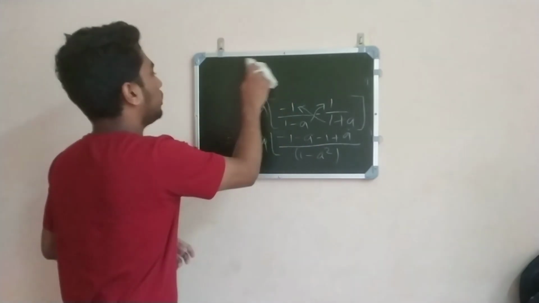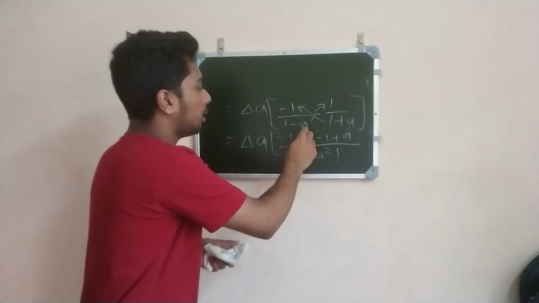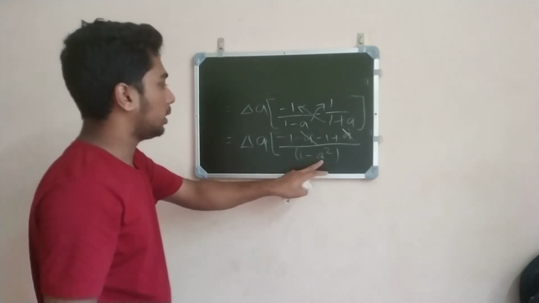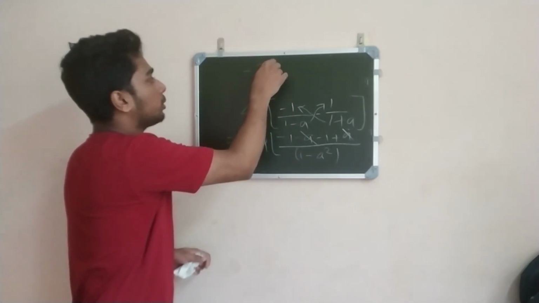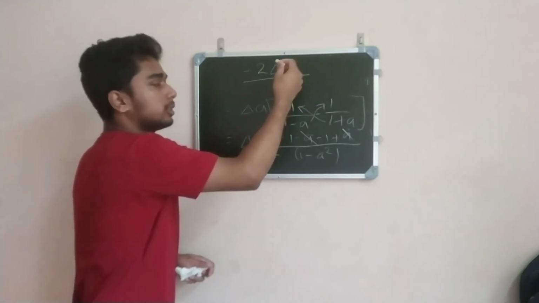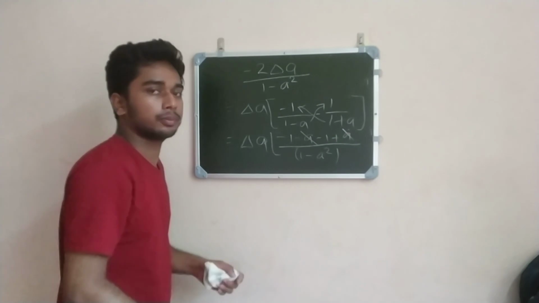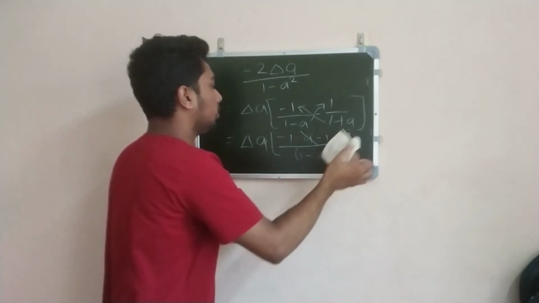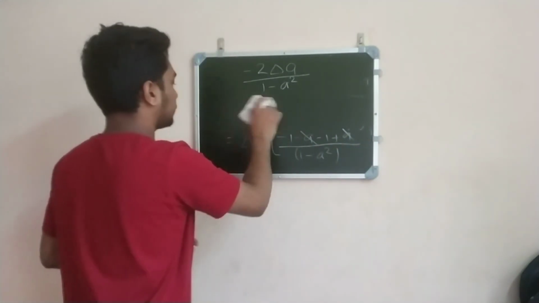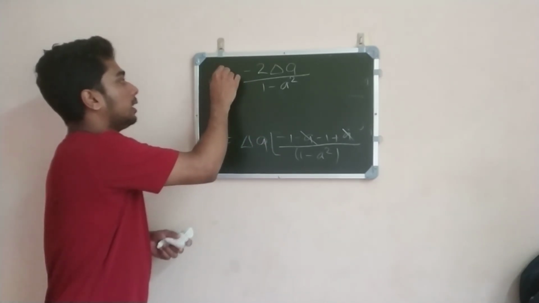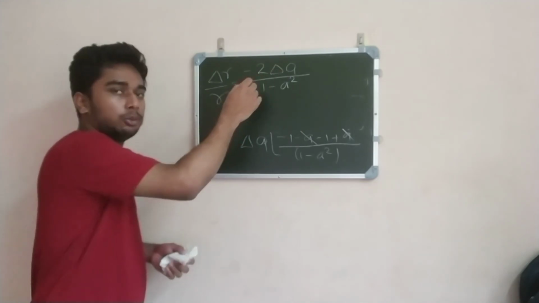If you continue to solve this, minus a plus a will cancel out. It will be minus 2 delta a divided by (1 minus a squared). So here I find that delta r by r is this one.